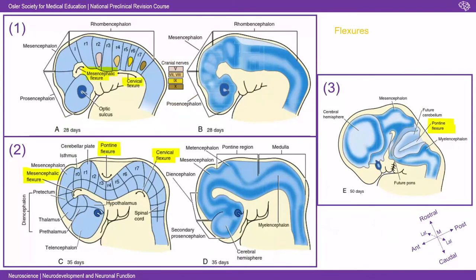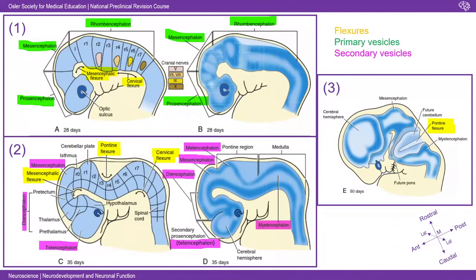So here are our flexures in yellow, here are our primary vesicles in green, and here are our secondary vesicles in pink. So really thinking about the shapes and the morphology of the mature brain, I'm going to start at the forebrain here, and we see the telencephalon expanding and folding like a pair of great big bunny ears over the diencephalon, which sits immediately beneath it.